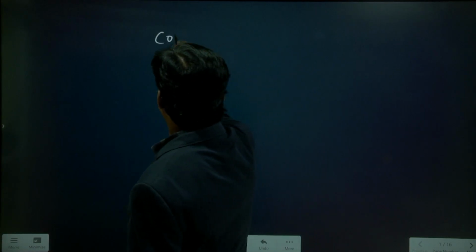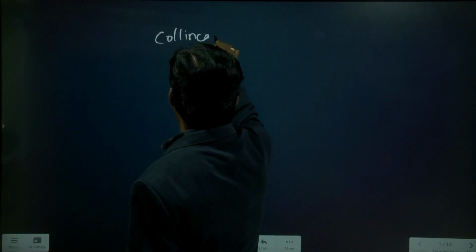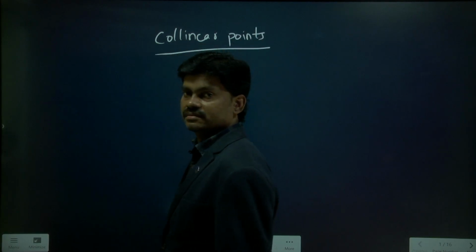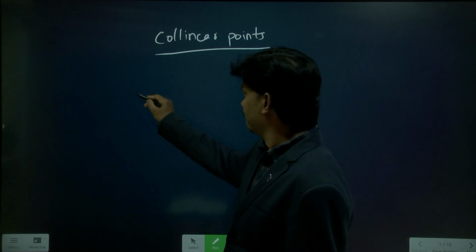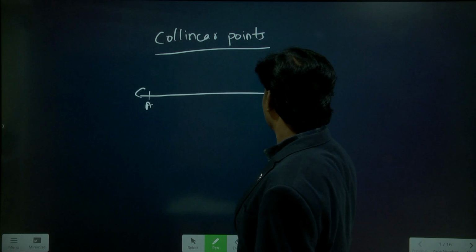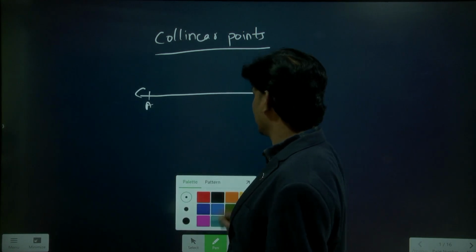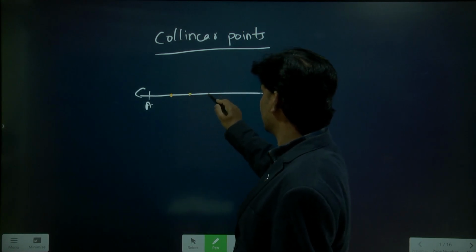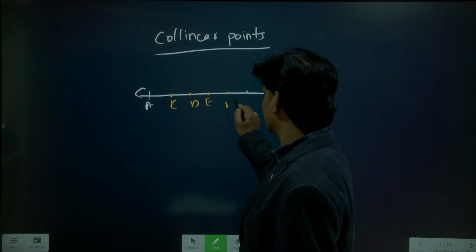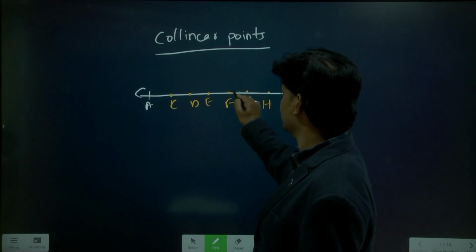Okay. Next, collinear points we will see. So let us take a line. This is the line and indicated by AB. Here I am taking some points on the line, like this: C, D, E, F, G, H. Many.